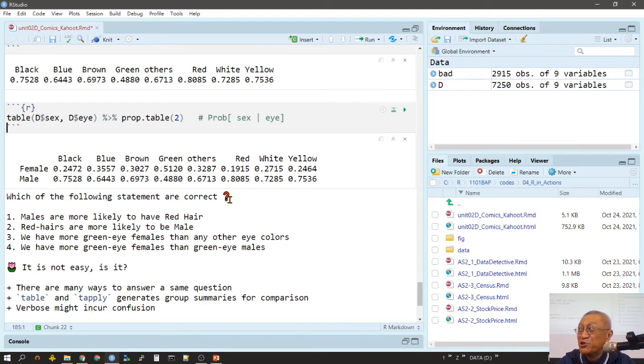Discuss within your group and find out which statements are correct. I'll give you 1 minute to discuss. Be careful, I'm doing 2, so I'm testing the ratio of male and female in each of the eye colors.